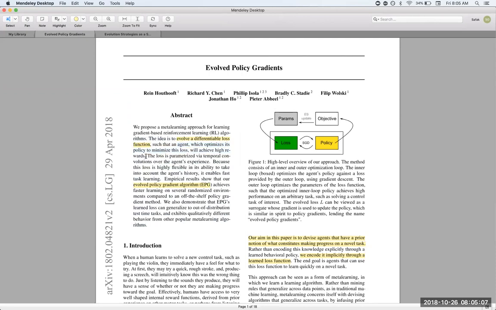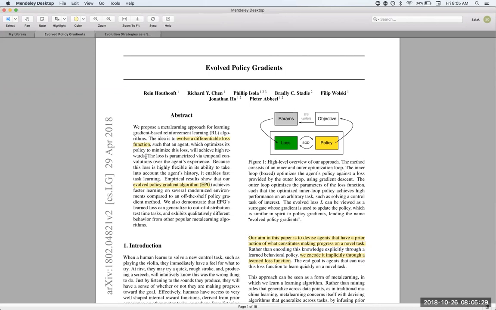So the objective of reinforcement learning is to learn a policy function. A policy function is, given a state in an environment, it outputs what move to take, what action to take.